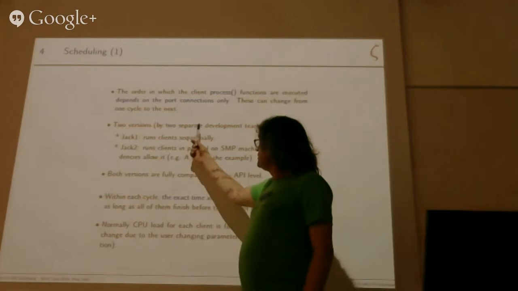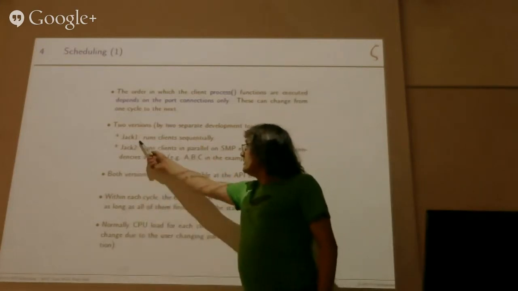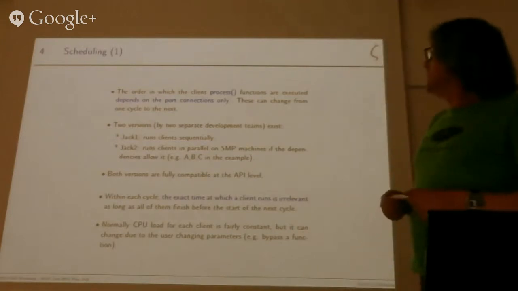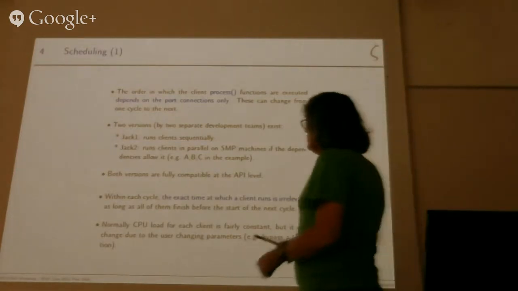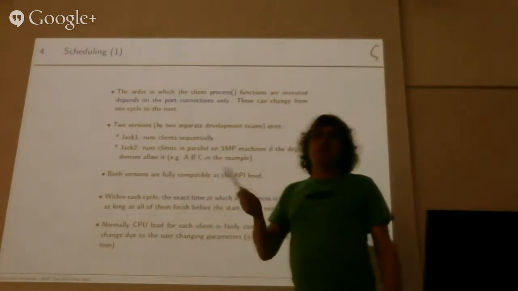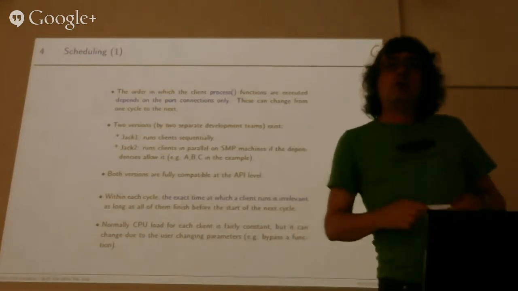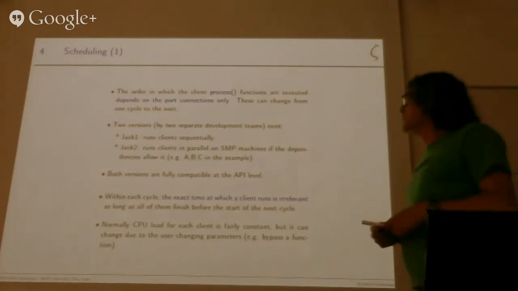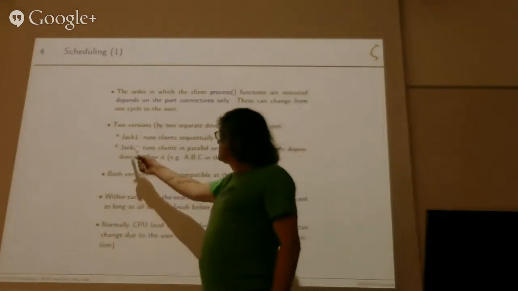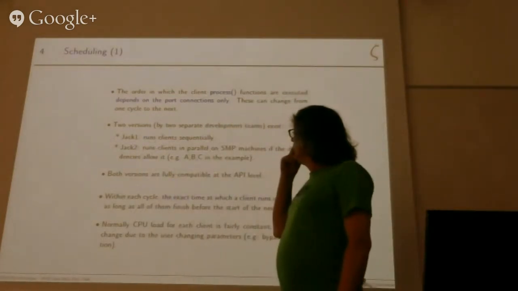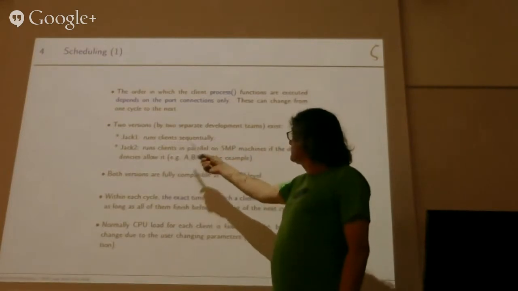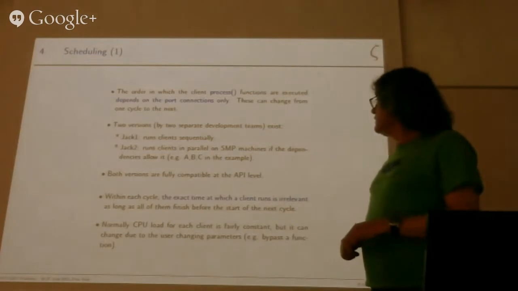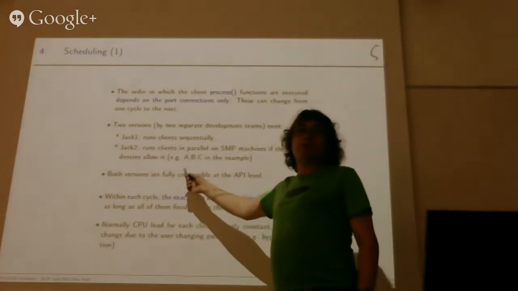There are actually two versions of Jack. Jack 1 is the original one, programmed in C, and it runs clients sequentially, always. Even if you have a multi-CPU machine, there will be only one Jack application running at a time. Jack 2 is a newer version, in C++, and it will run clients in parallel on a machine which allows it, and if the dependencies allow it.